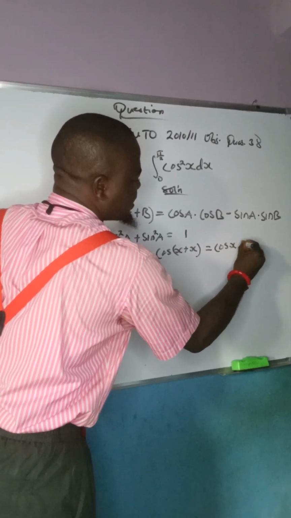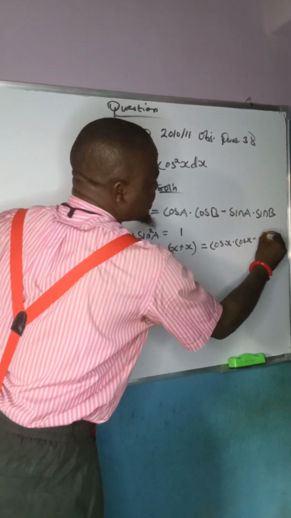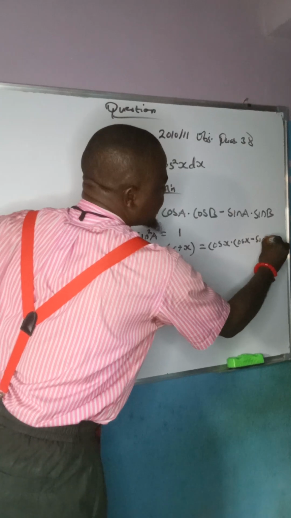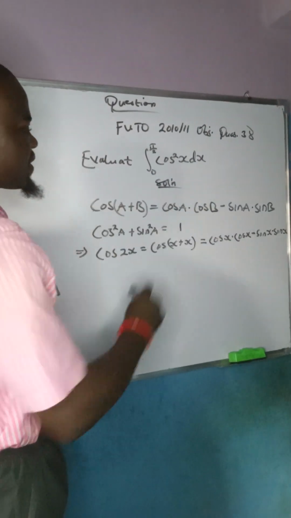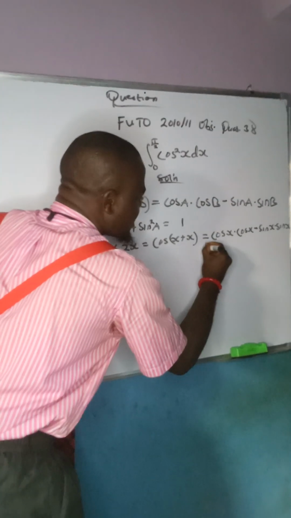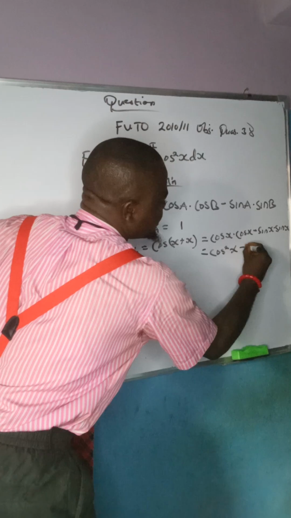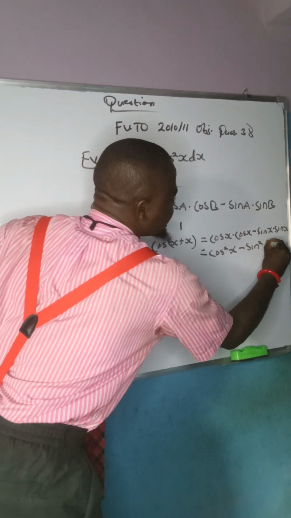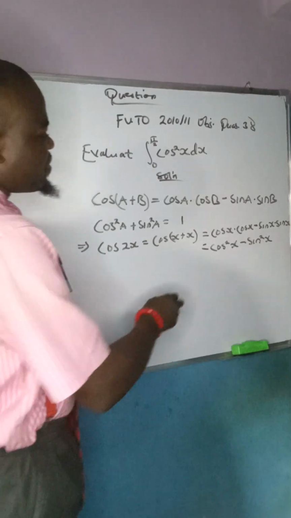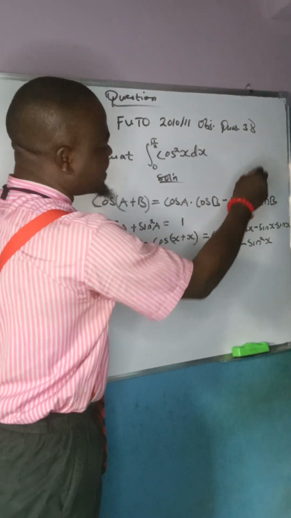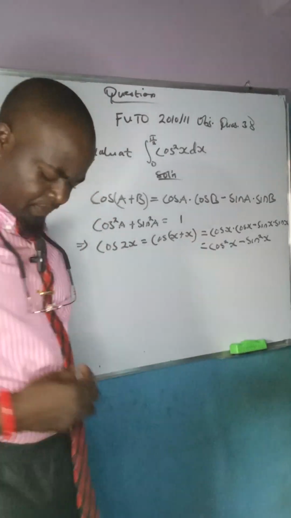Cos x dot cos x minus sin x dot sin x, just by applying this principle. So this will now give me what? Cos squared x minus sin squared x. Some people may think that I want to have x squared. No, because x is the angle. We are just doing justice to the cos.